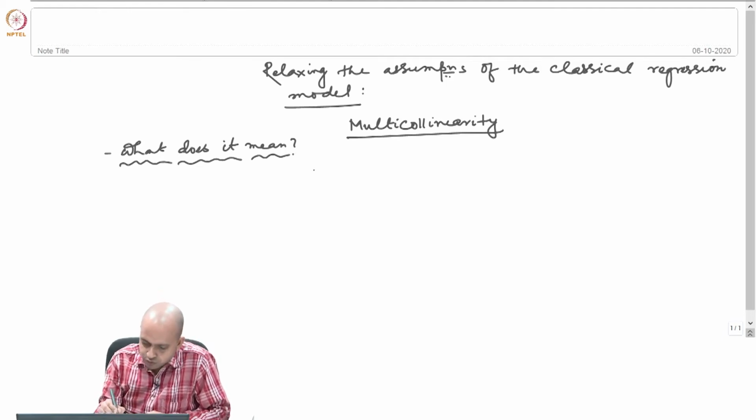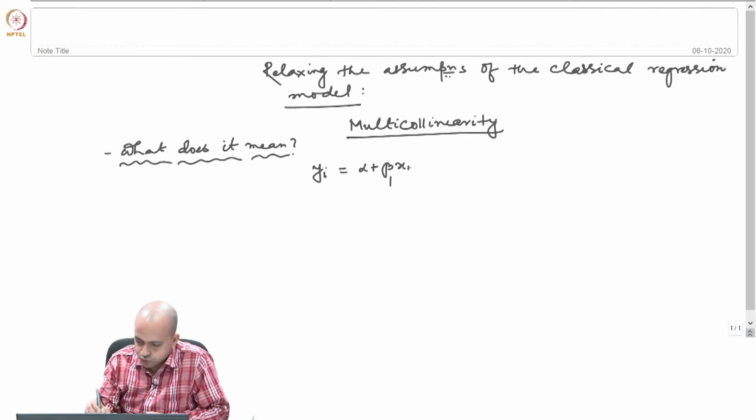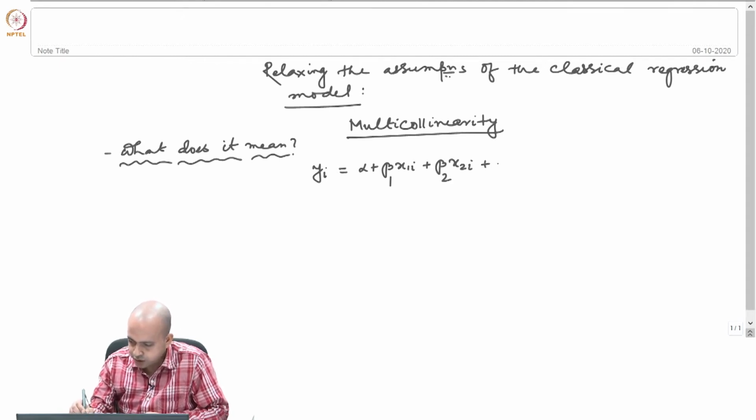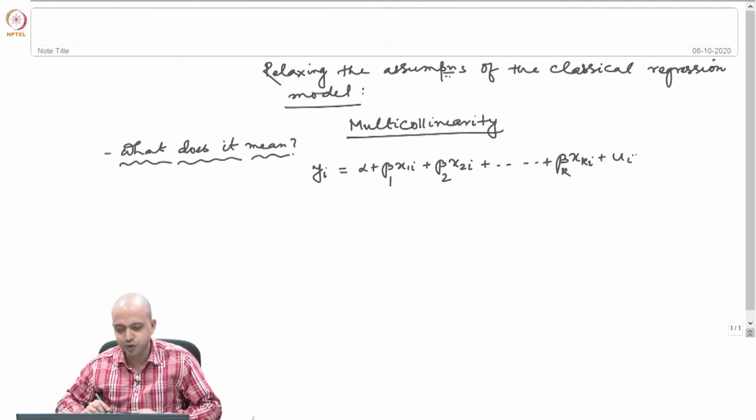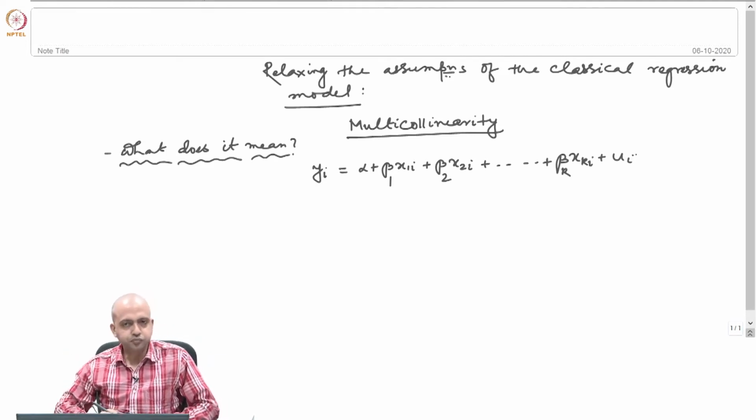Let us assume that we are trying to estimate this model: yi equals alpha plus beta 1 x1i plus beta 2 x2i plus ... plus beta k xki plus ui. You have k number of explanatory variables.